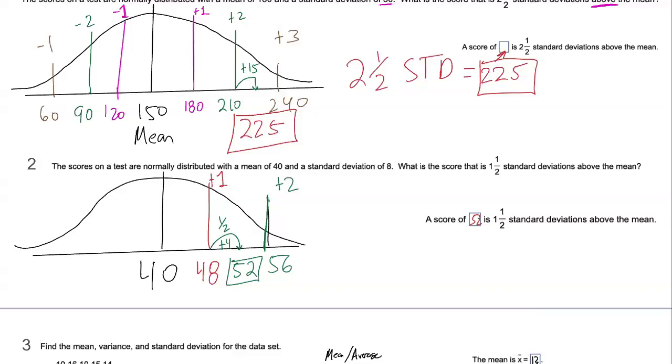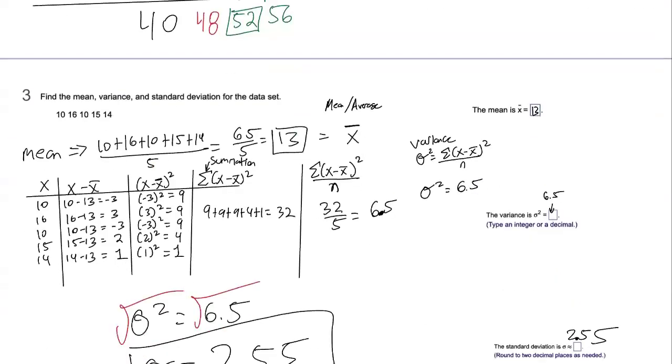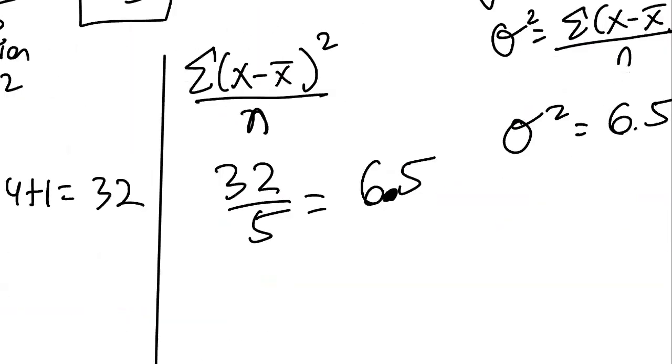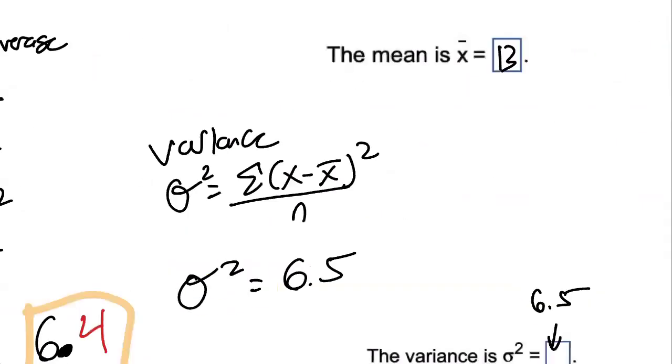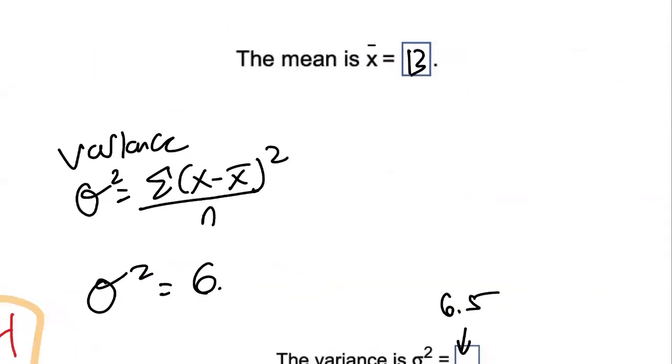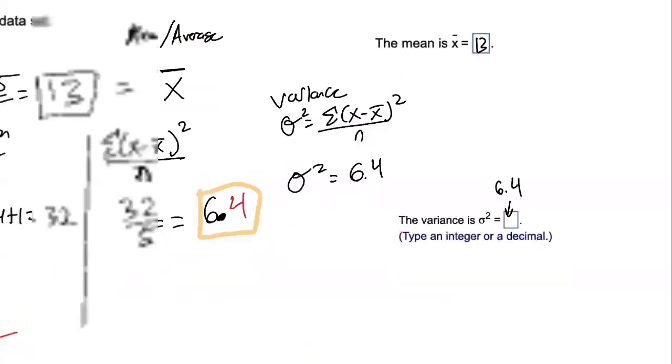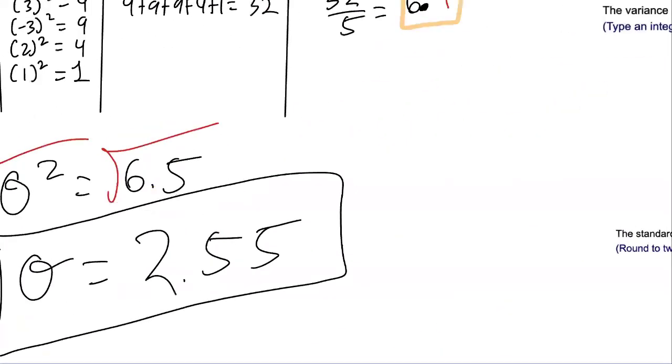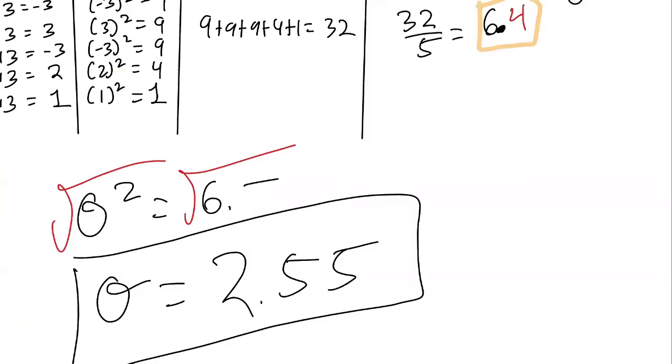All right, shh. Hold on, I'll help you right now. Give me a second. Right here, when we found the variance, we did 32 divided by 5 to get 6.5. That is not correct. 32 divided by 5 is actually 6.4, not 6.5. This is the correct variance. Do be careful, because that ends up changing our standard deviation. What's the standard deviation?